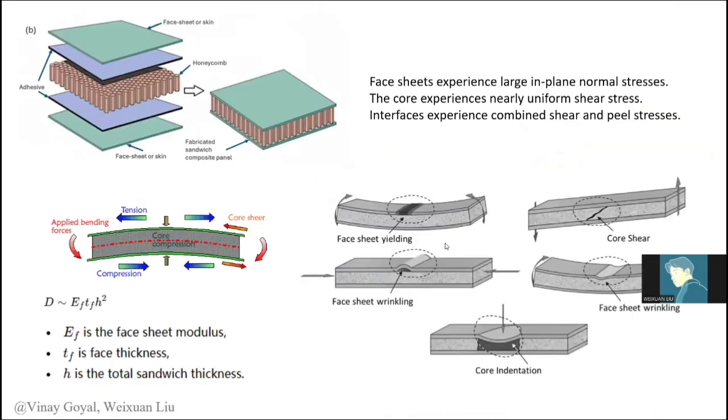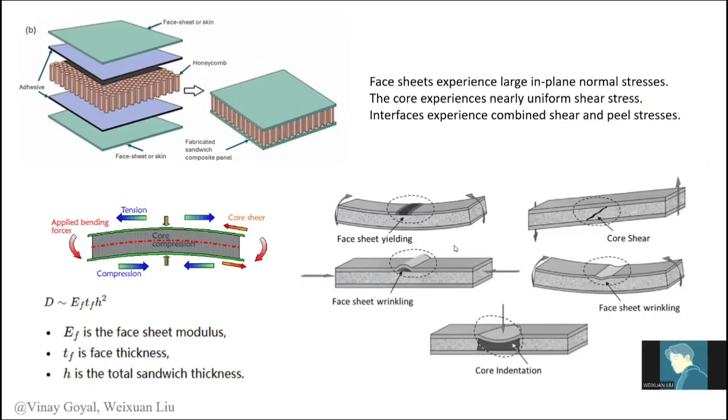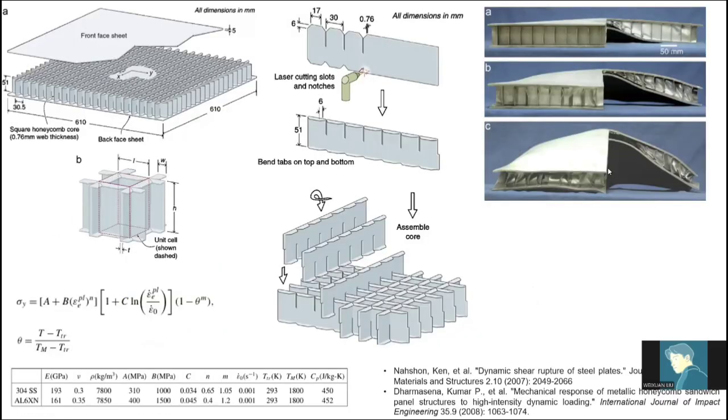So at first we will try to calculate the simple loading cases like bending, compression, and shear. And later we'll see whether we could model the TNT blast property. Okay, great. So let's go to Abaqus.